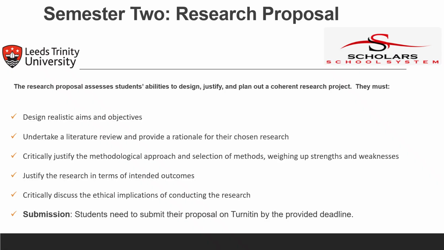The students have to specifically mention the aims and objectives of their research in the research proposal. They have to critically justify what type of methods they will use for their final project, and mention this in the research proposal, on the basis of the strengths and weaknesses of different types of methods.